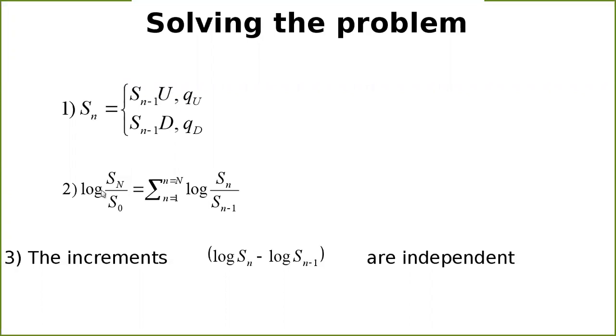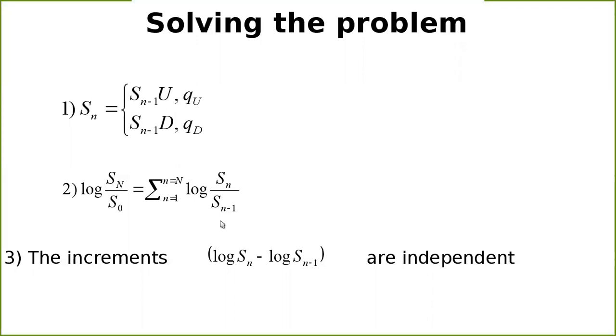And we used a very useful formula. It's the formula by which we can represent log returns as the sum from 1 to n of logarithm of Sn divided by Sn minus 1.